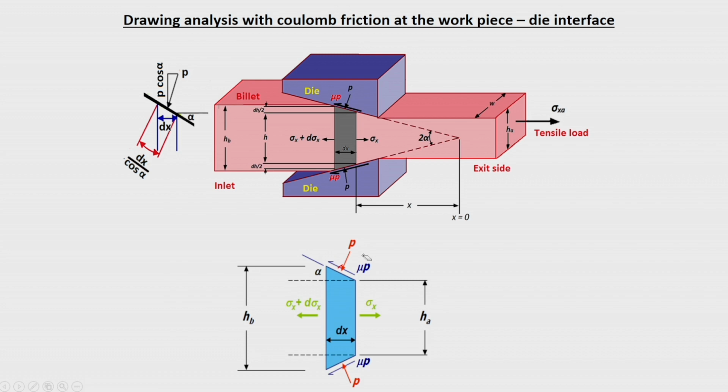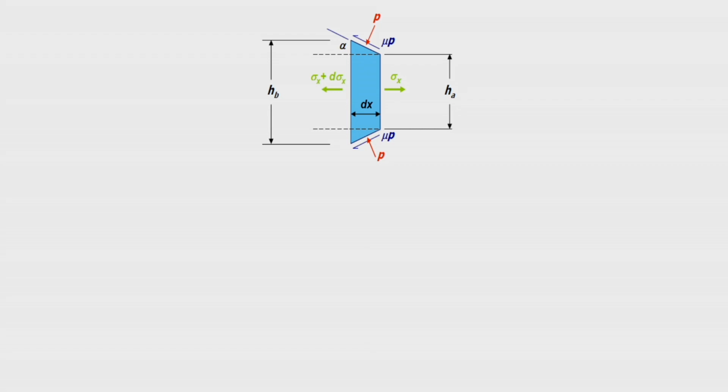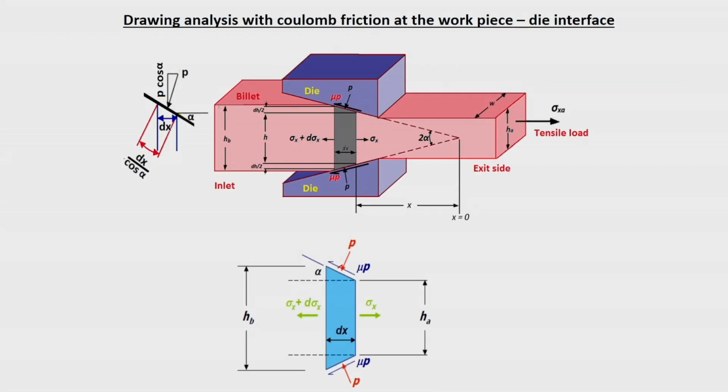The initial height of the strip is h b and final height is h a. So, this geometry we can look at. Now, compared to the previous case, the equilibrium includes a term here, this mu P.